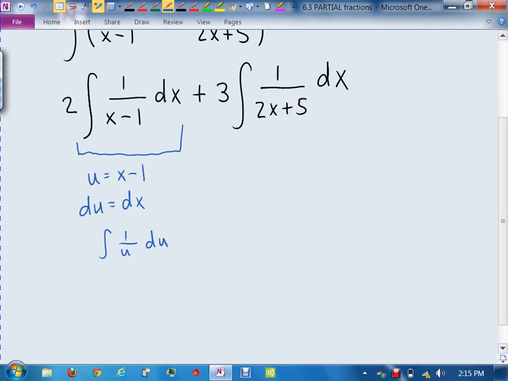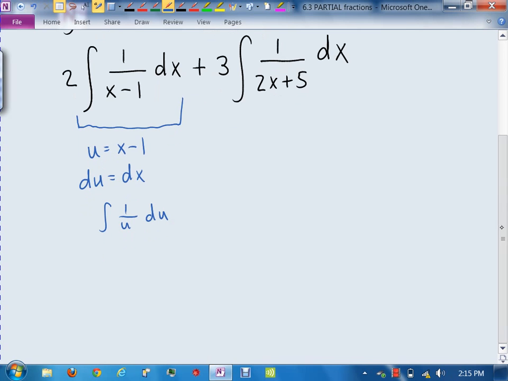This first integral is a 1 over u du. And so the antiderivative of 1 over u is what? Natural log, right? So this whole thing on the left side should just turn out to be 2 natural log of x minus 1, right? That's what that integral becomes.